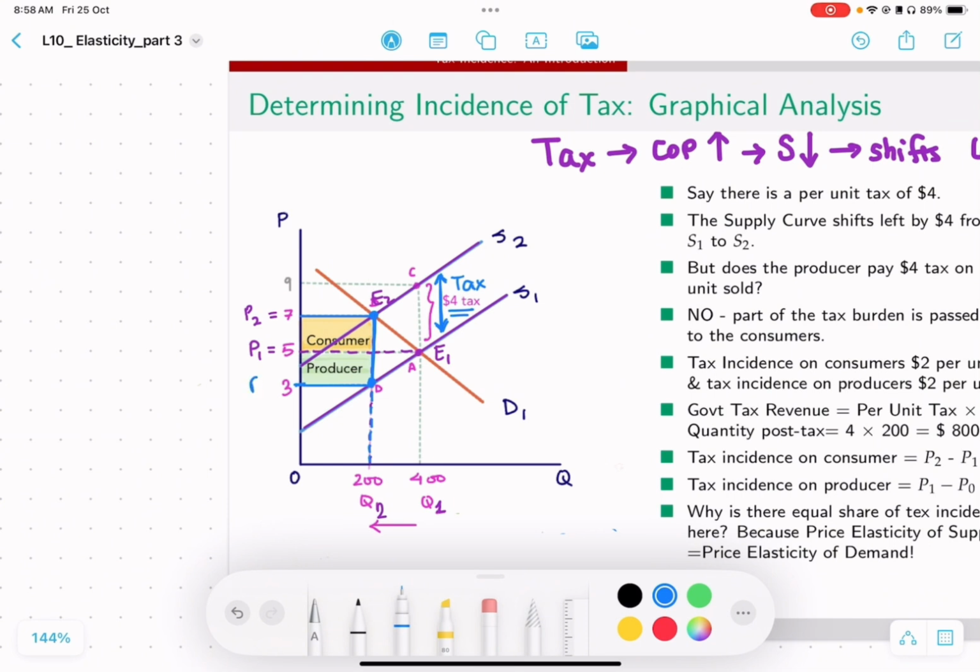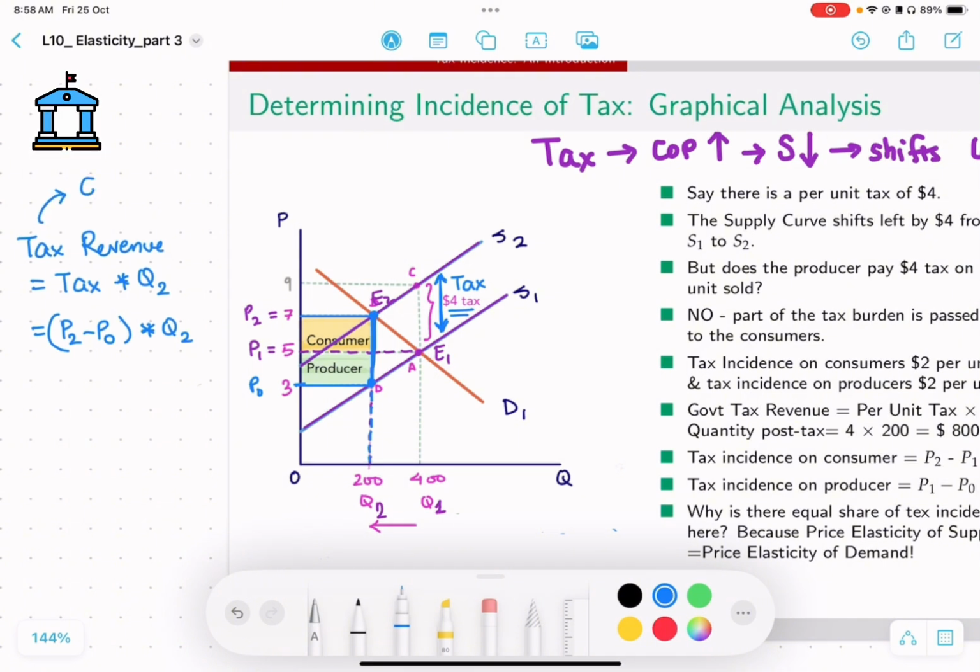This price, let me call it P naught. The tax revenue that the government collects is nothing but the tax times the equilibrium quantity. This is Q2, and the tax is this vertical distance, so it's P2 minus P naught times Q2.